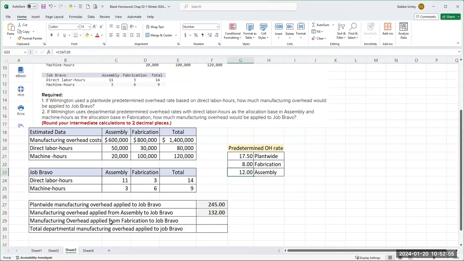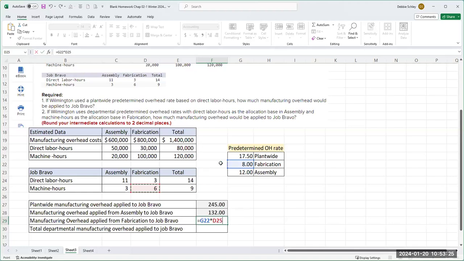And then the manufacturing overhead applied from fabrication to job Bravo is then going to equal that $8 times the machine hours in fabrication, right? No, wrong one. Machine hours for the job Bravo. Sorry, I forgot I was just doing the job Bravo. So just the machine hours in fabrication times the predetermined overhead rate for fabrication.